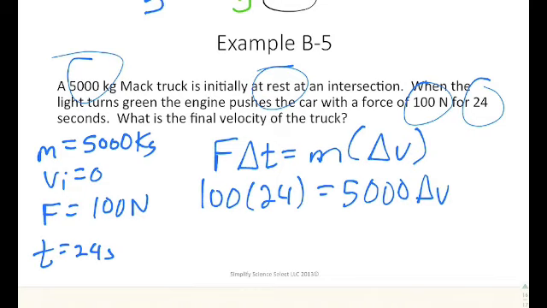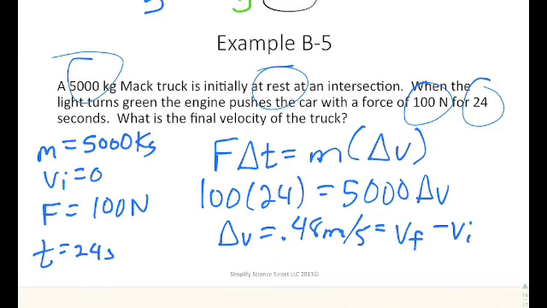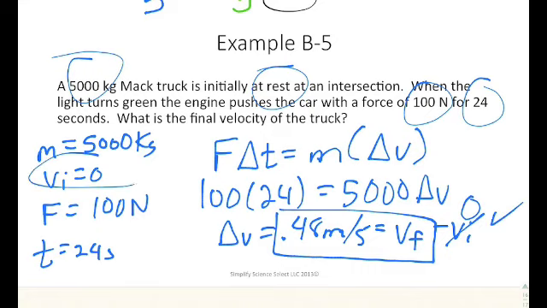Divide by 5,000, and you end up with a delta V of 0.48 meters per second. Remember, delta V is equal to final minus initial. In this case, it's not going to matter because our initial velocity is 0, which makes our delta V the same as our final velocity. But this is a step that you can't leave out because the initial velocity is not always 0.